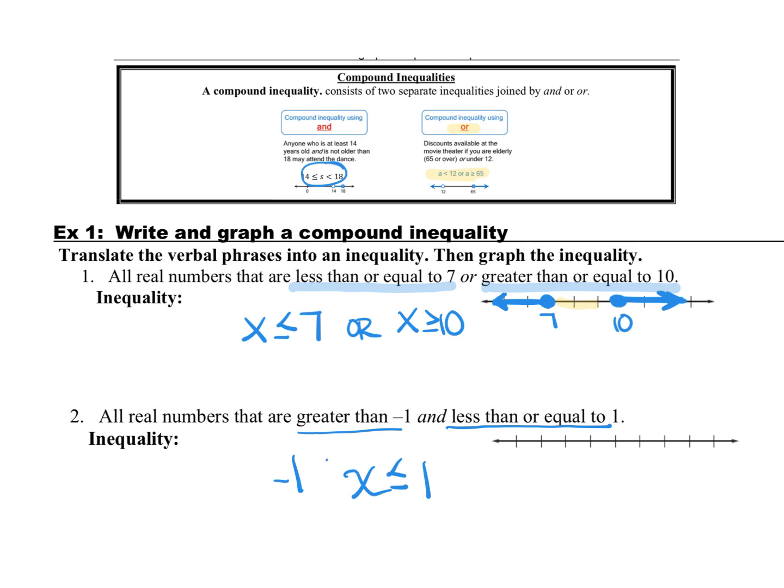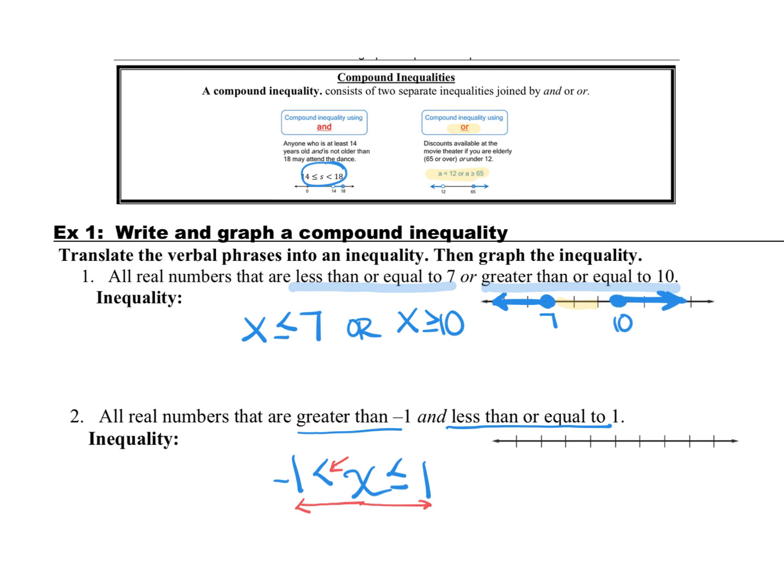So to write it backwards, I have to have the bigger side facing that x. So how I read this is x is less than or equal to 1, because I want that direction, and x is greater than or equal to -1. And notice how this big side is facing the x.